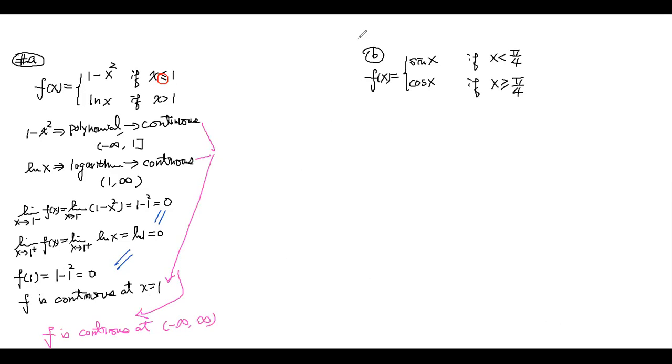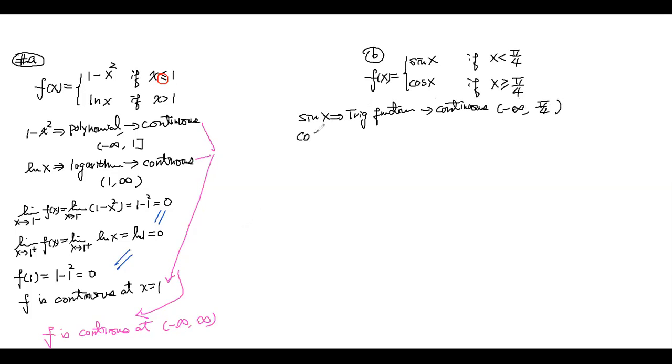Okay, so now let's take a look at the next one here, sine x. Okay, so the sine x, what is this? This is a trig function. And we know the trig function is continuous, right? So the trig function is a continuous function. And where is it continuous? It's less than pi over 4. So it's negative infinity to pi over 4, open parenthesis.